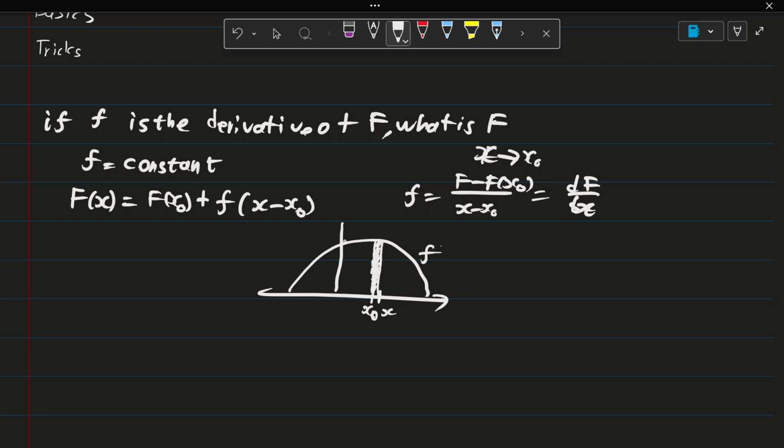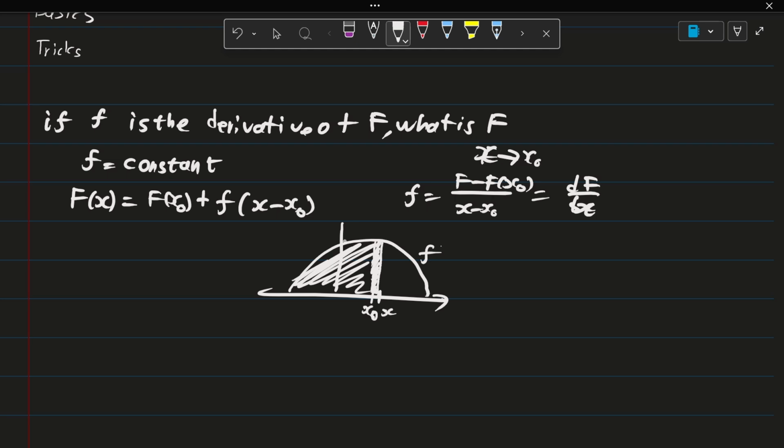What you get here is the area of this small slit. But if you know the big F(x0), or pretty much a value to which you could add the small slits up, what you would get is the area of the curve. It's pretty much the area in between the function f as well as the x-axis.